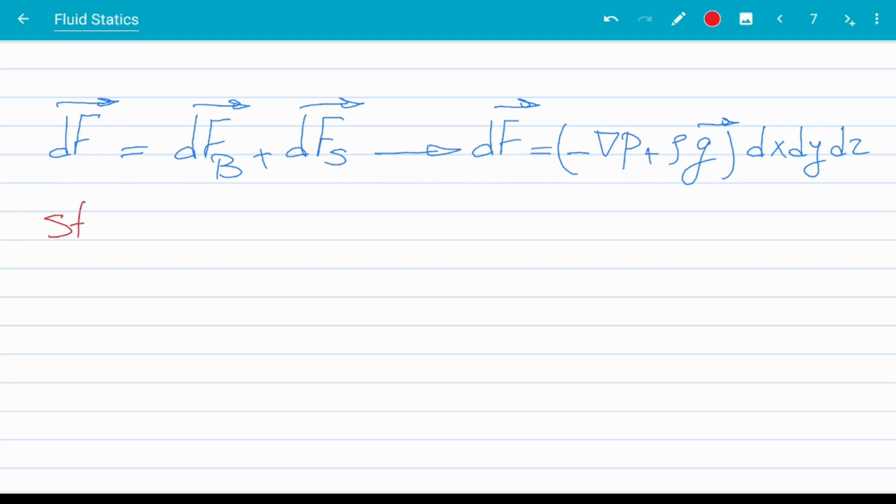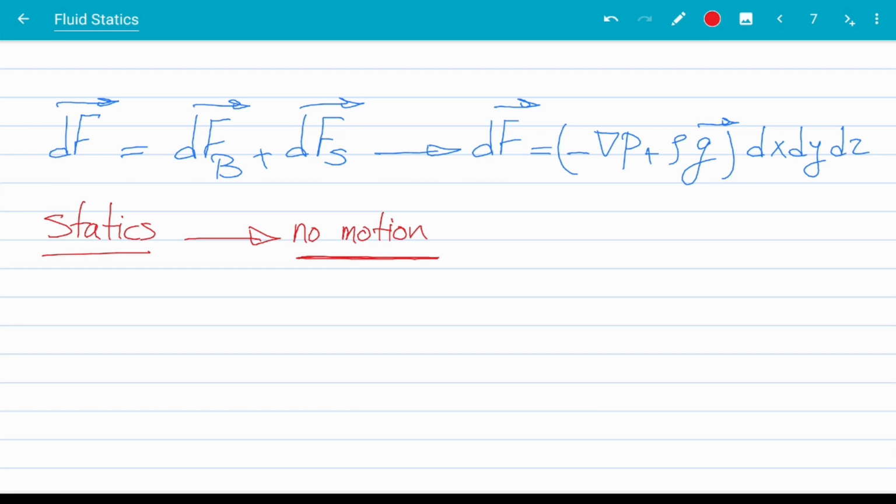Now we have to come back to our first assumption of this topic, and that is we are talking about fluid statics. So fluid statics means no motion. Now we know from Newton's laws of motion that if an object, a fluid element, a solid particle, is not moving, that means the sum of all forces acting on it are zero.